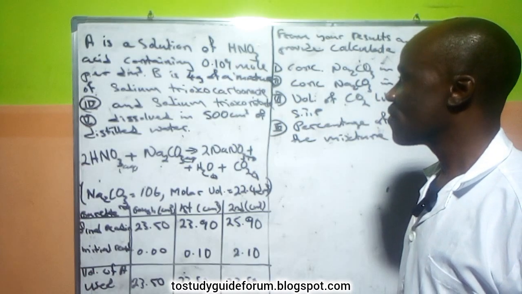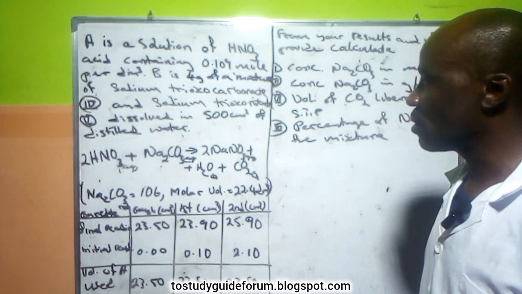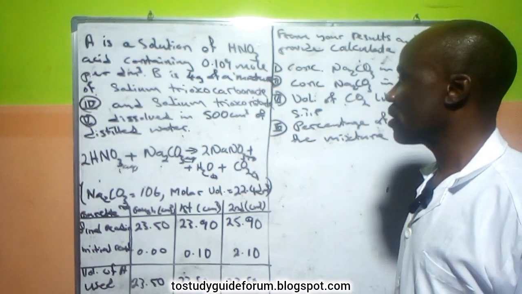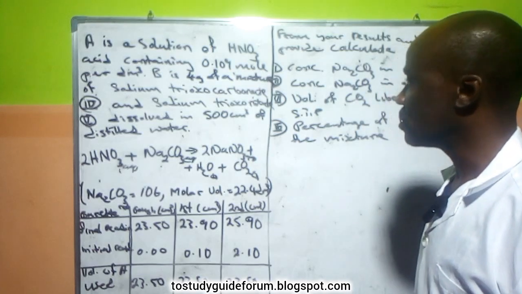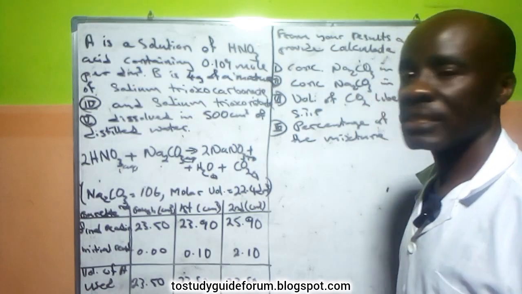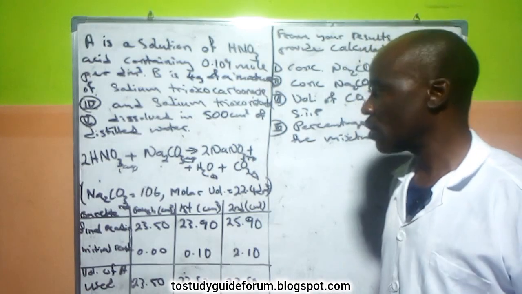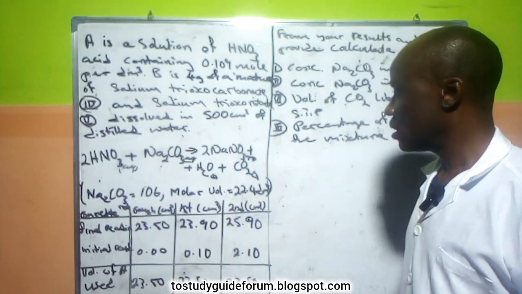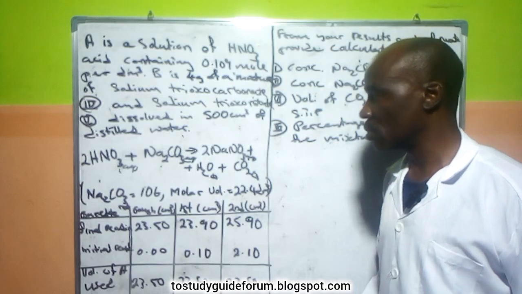B is 4 grams of a mixture of sodium trioxocarbonate 4 and sodium trioxonitrate 5 dissolved in 250 cm cube of distilled water.